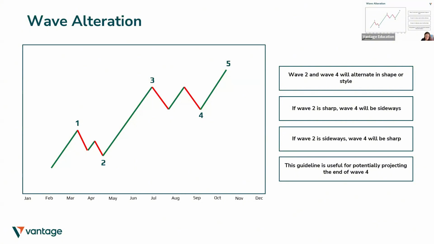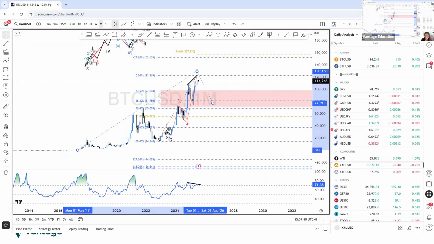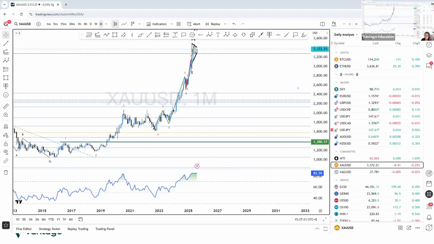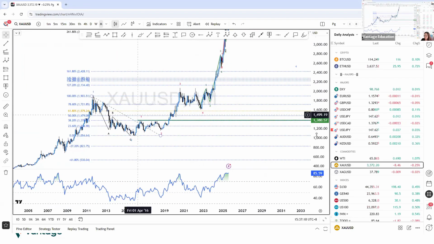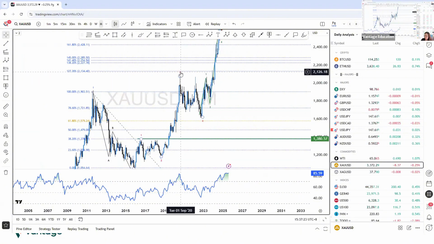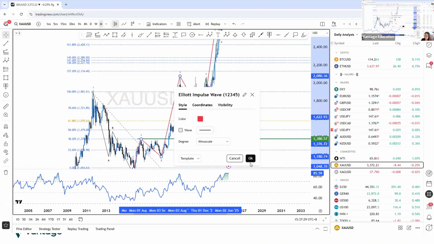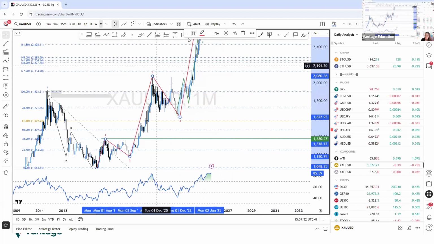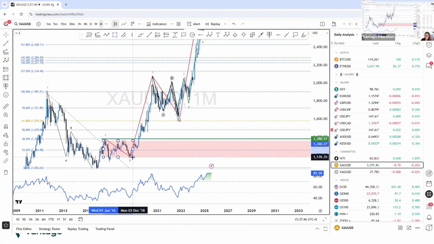Whenever you see, I'm not sure if I can find the example. Let me see. Okay, let's have a quick look. For example, here, based on this wave, I would say this is my zigzag, or ABC, just like this could be A, B, C. And you can see wave 2 is a sideway right here.